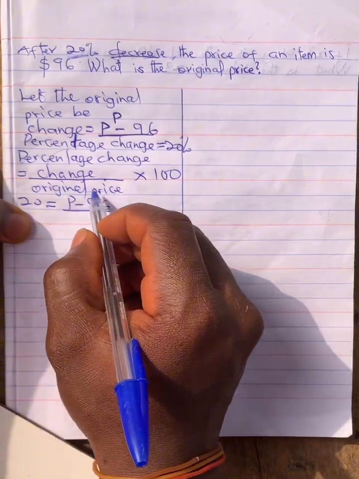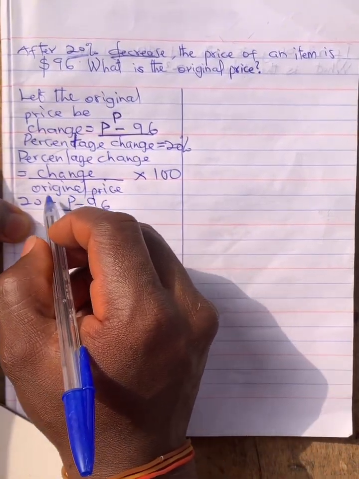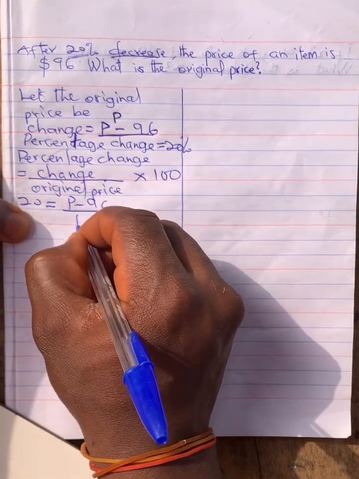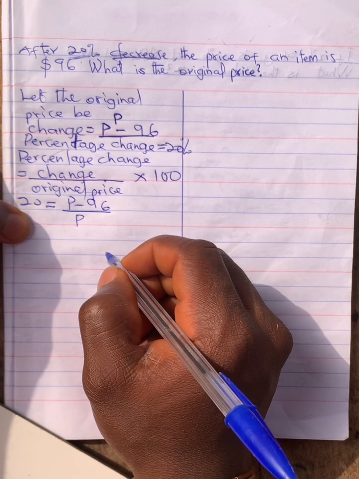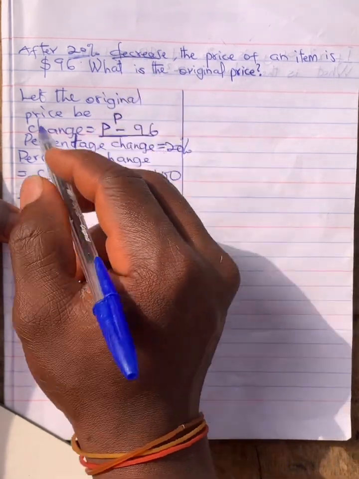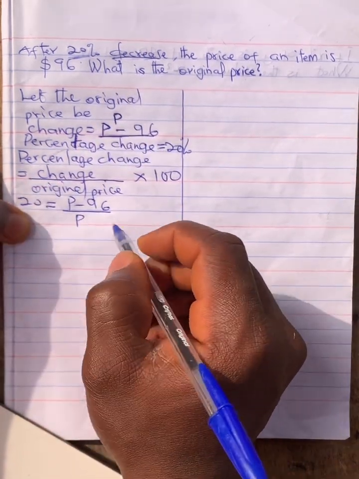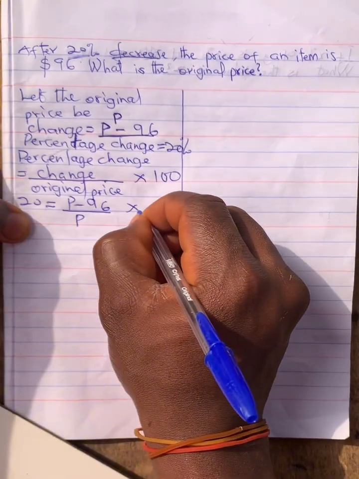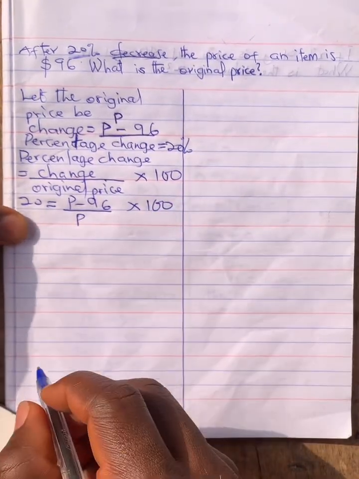The original price is P, before it decreased, multiplying 100.